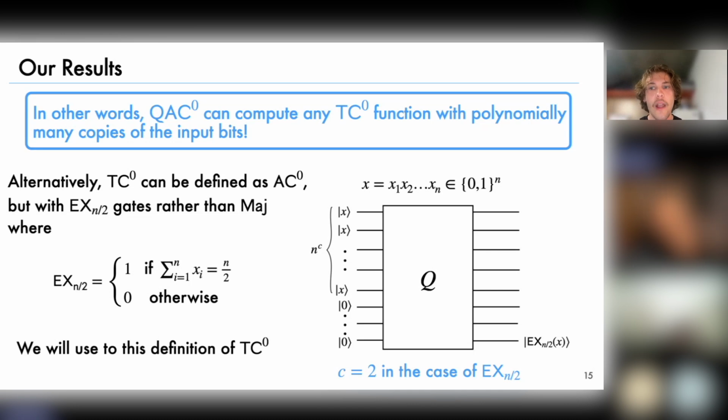And for any other function computable in this TC0 class, what this theorem is saying is that there always exists some constant c such that n^c many copies of x suffice to compute that function in QAC0. Okay, so does this notion of many copies make sense? It's a bit unusual, but it's what we're dealing with here.